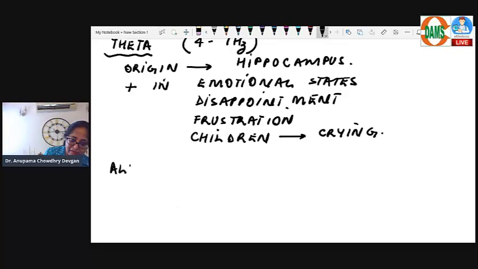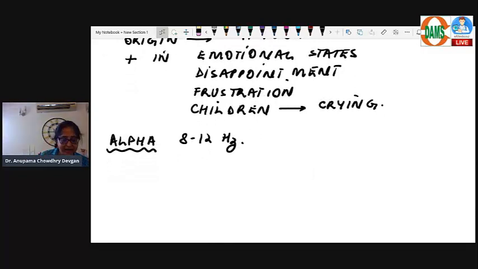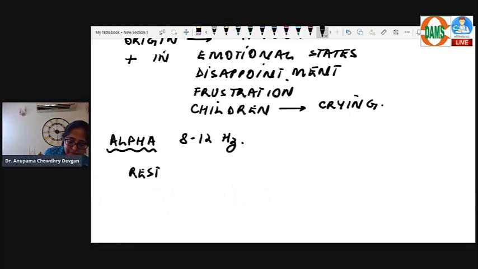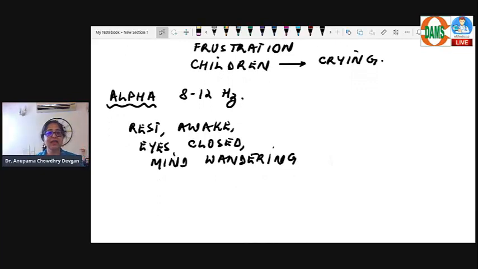Then you have the alpha. Alpha is 8 to 12 hertz. Alpha will be recorded when you are at rest, awake, eyes closed, and mind is wandering.